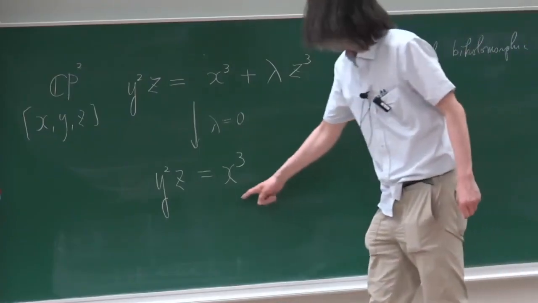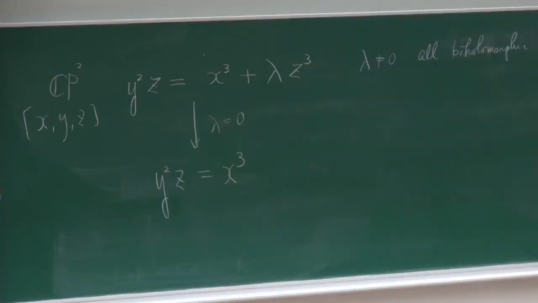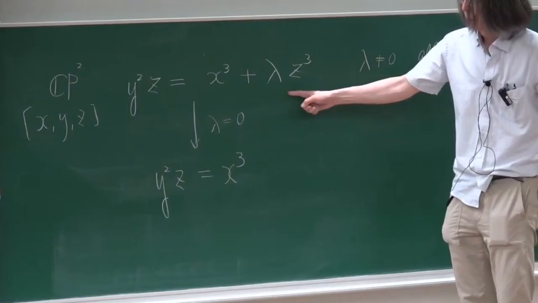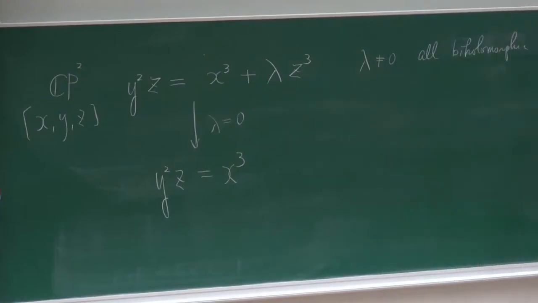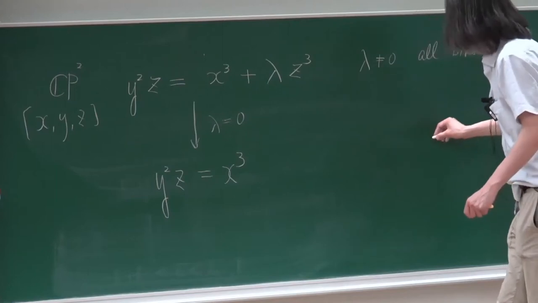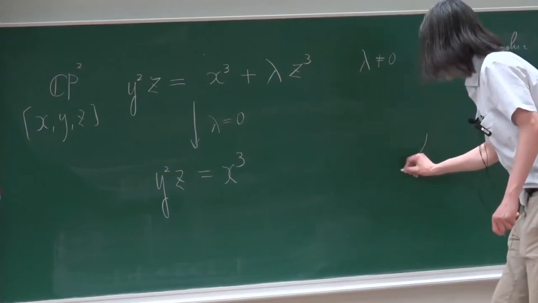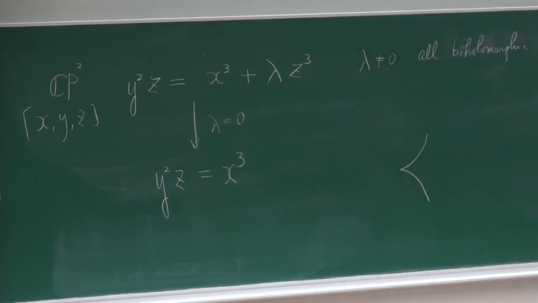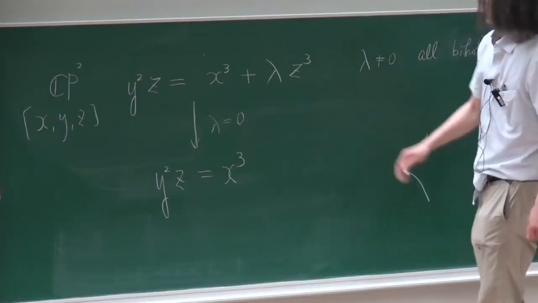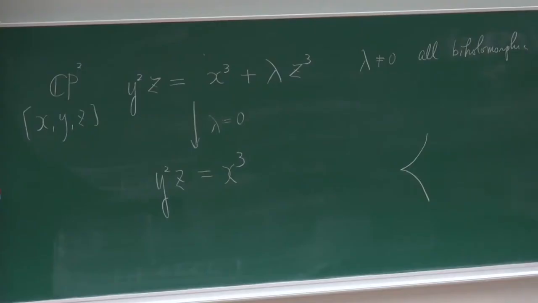And this one is different, right? They are all elliptic curves, but this one is different. If you write it, people often write it like this, it's a cuspidal cubic curve. And this one in this case is just a usual elliptic curve.